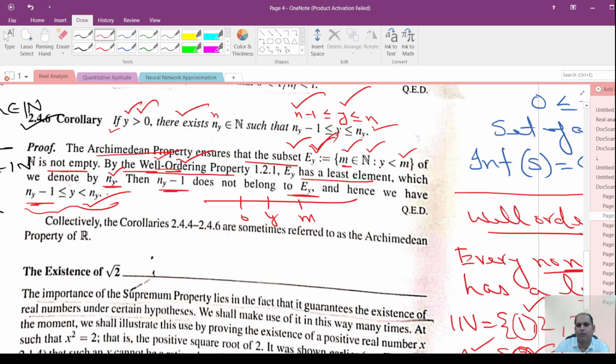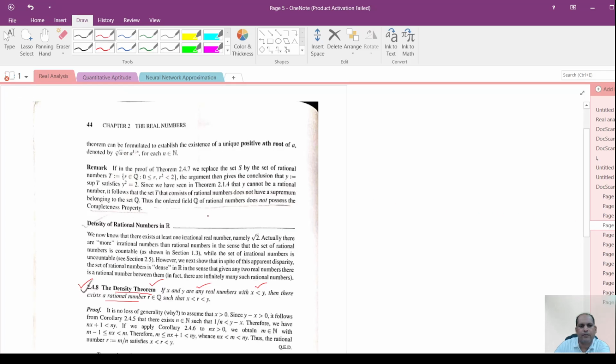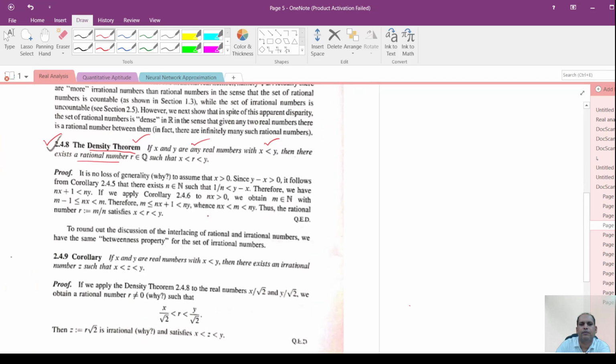We have completed its proof. Now let us do the proof of the density theorem.